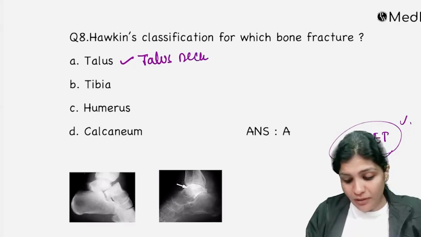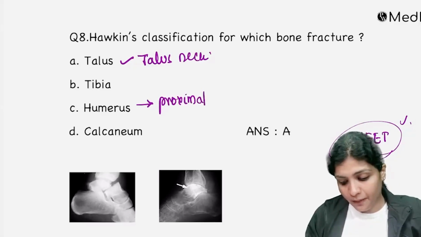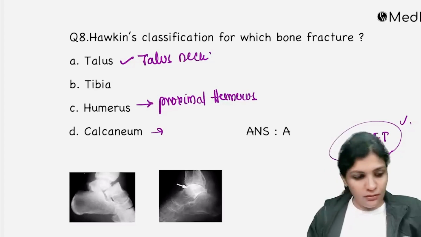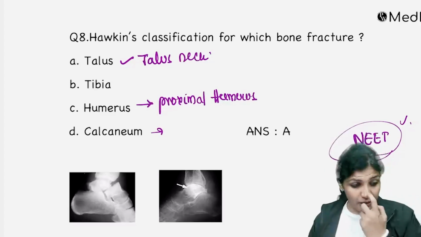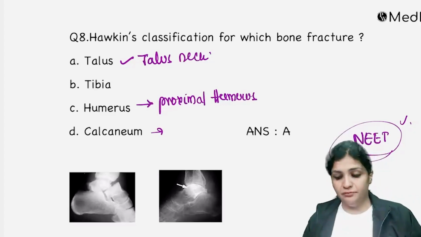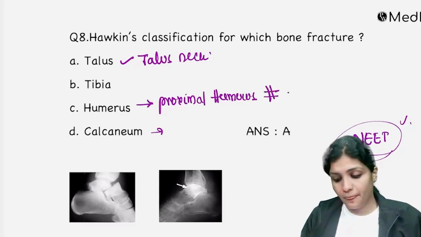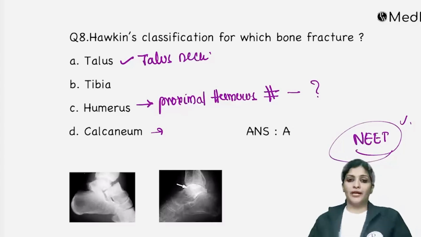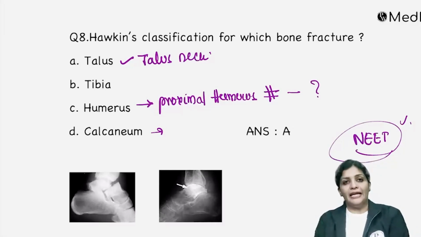Now tell me, what is the classification name for fracture of the proximal humerus? I have told you that Hawkins is a classification name which is given for talar neck fractures.